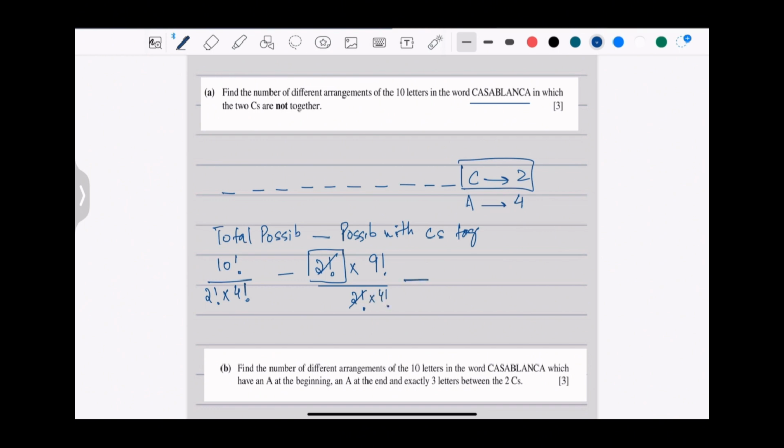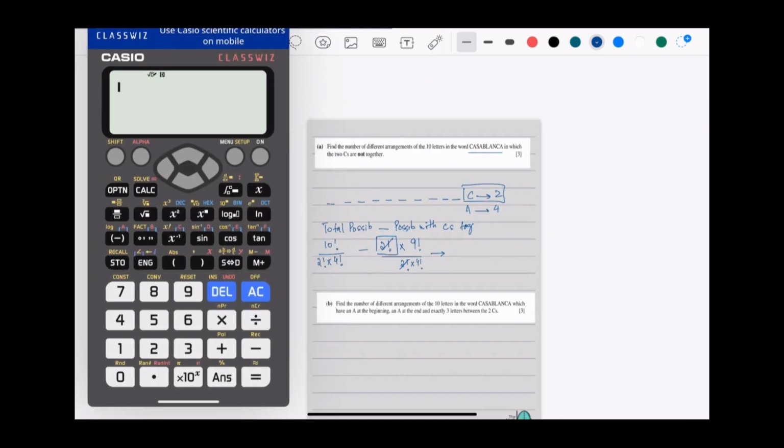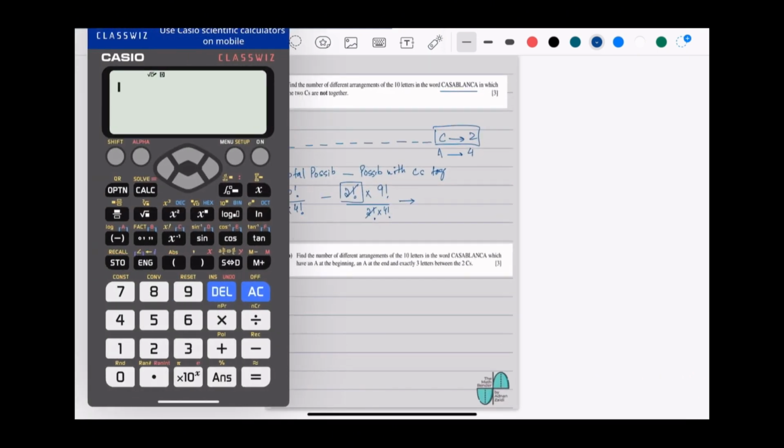Now if you subtract this, it will give you the answer, this will give you 60480.